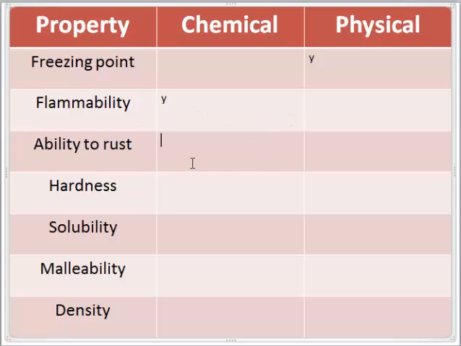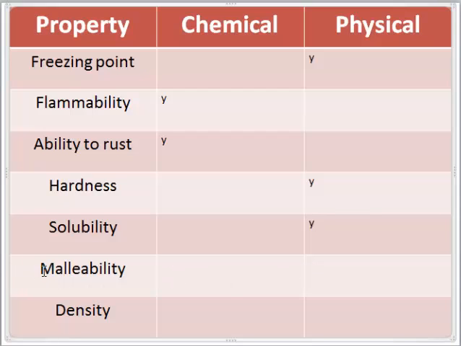So like I said, anytime you see rust, realize that's a chemical property. Hardness, you can touch something and see how hard it is without damaging it. So that is going to be a physical. Flowability, so if you have a saltwater solution, you can separate that salt from the water without damaging either one of them. So that is a physical trait.